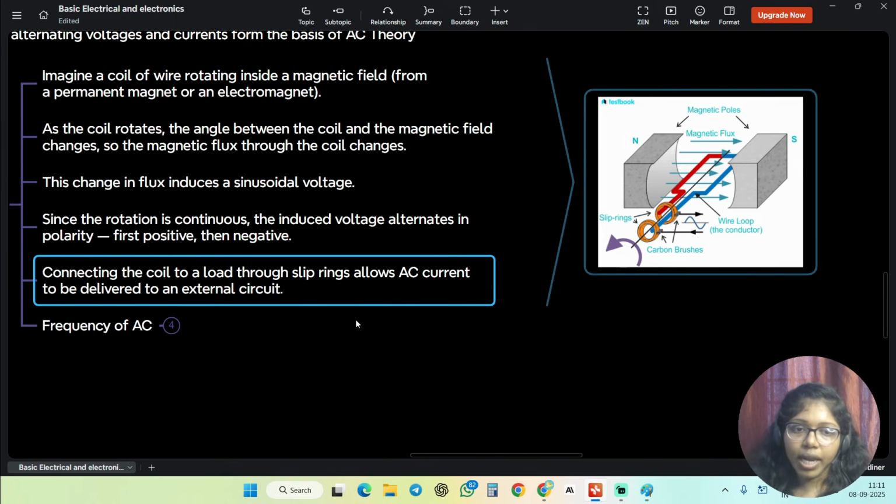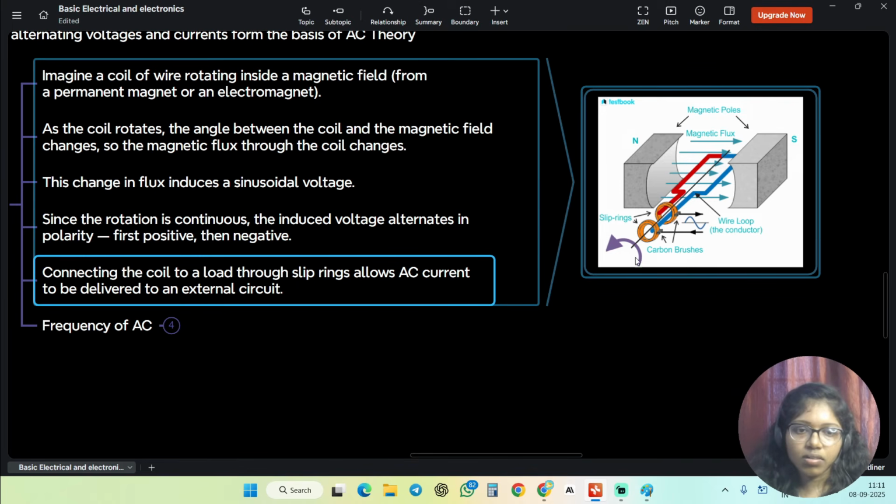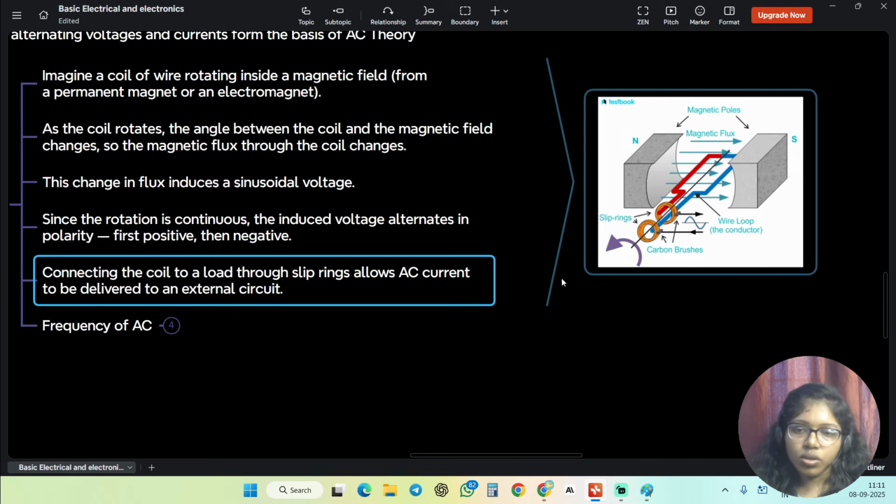You can give that output through the coil, the load and the slip ring, which allows the alternating current to be delivered to an external circuit. So if you connect any external circuit, it will be produced. The alternating current comes towards this direction.